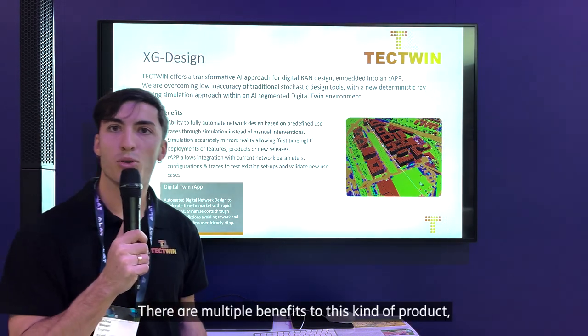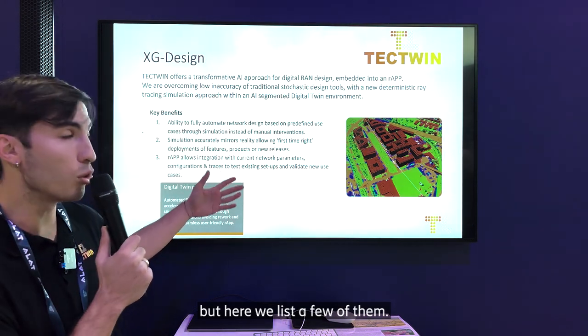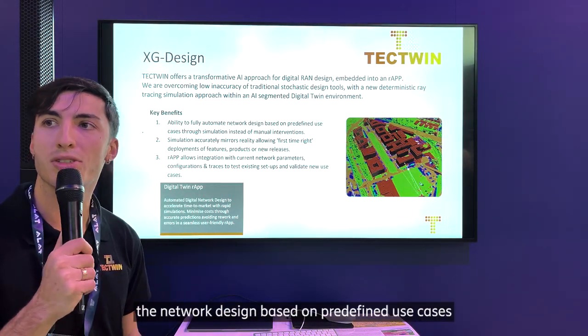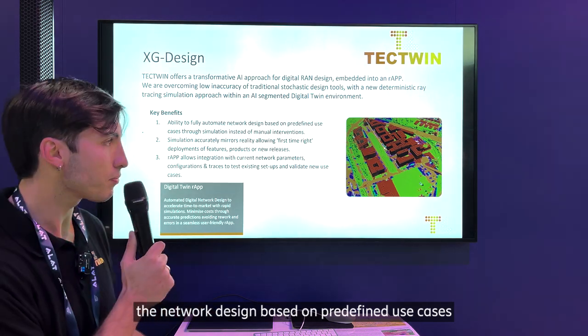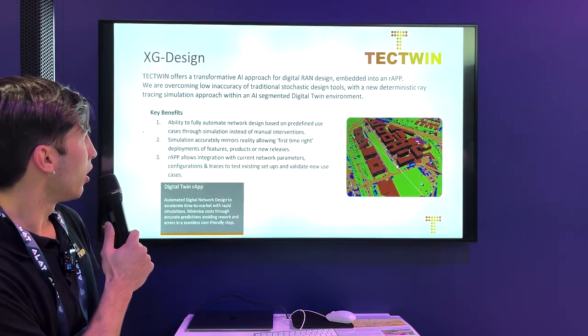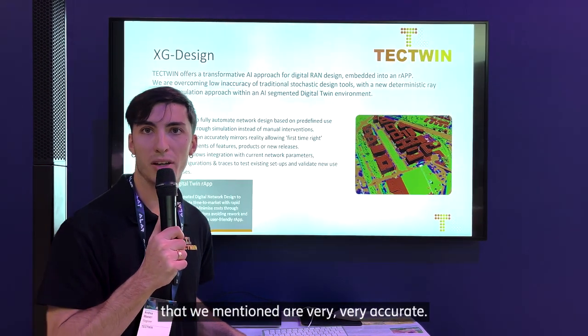There are multiple benefits to this kind of product, but here we list a few of them. For example, we're able to automate the network design based on predefined use cases that the user can also change and play with. These simulations that we mentioned are very, very accurate.